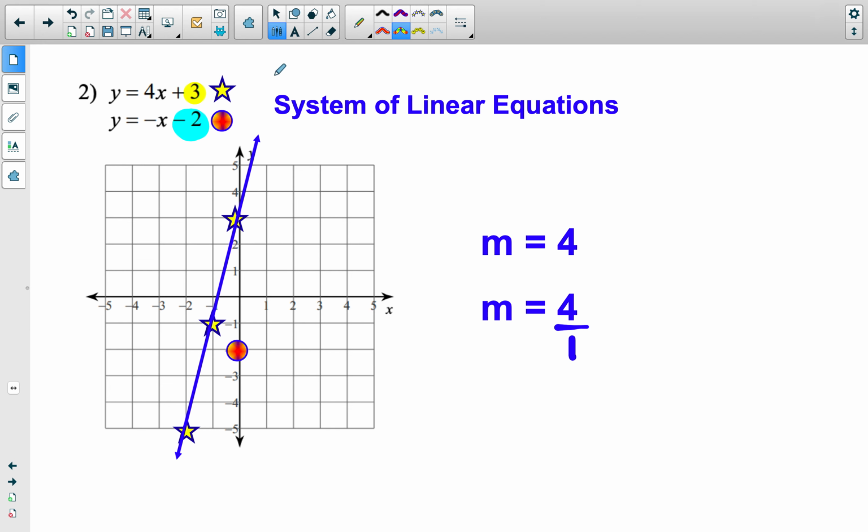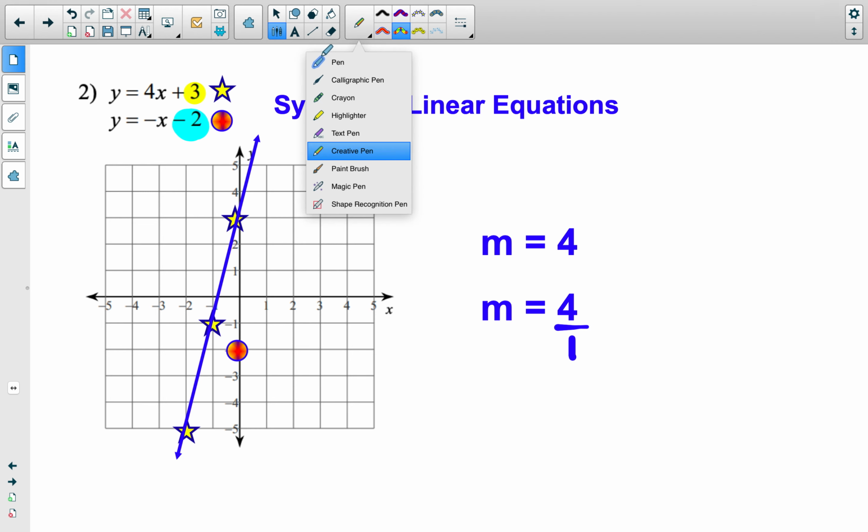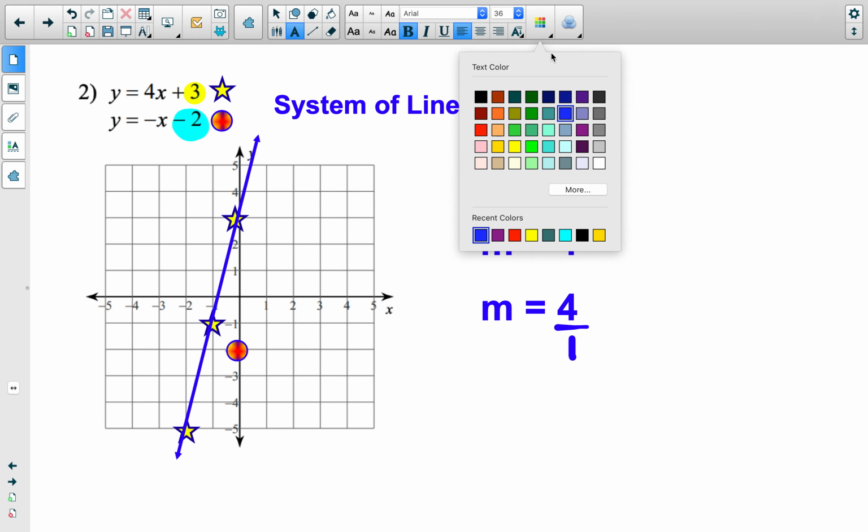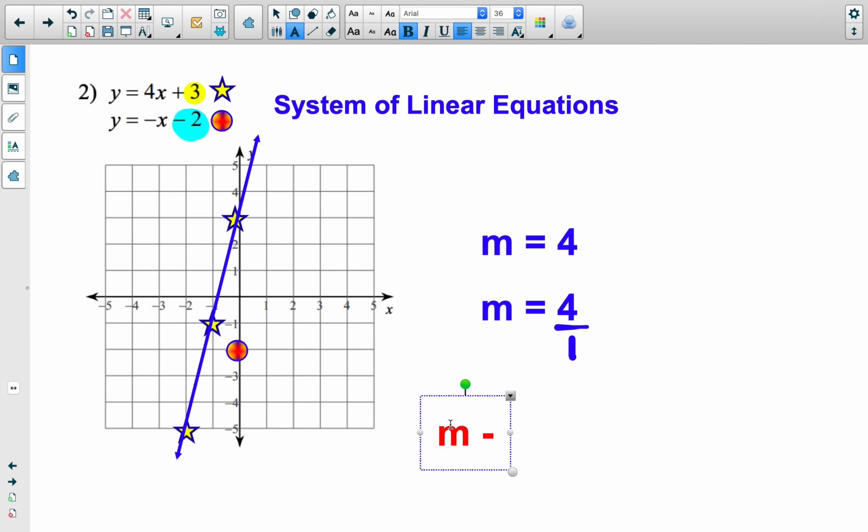From here, we need to find our slope. So it says y equals -x. So m equals -1. When there's no number in front of the x there, it's like a 1.